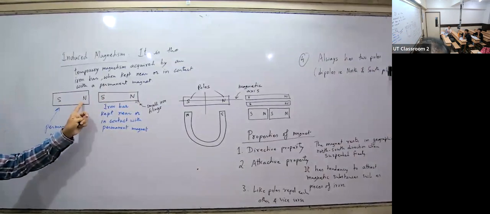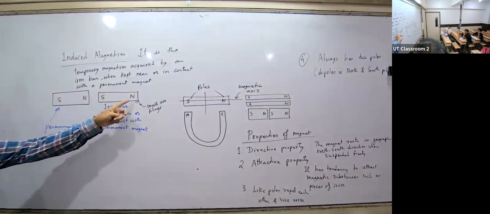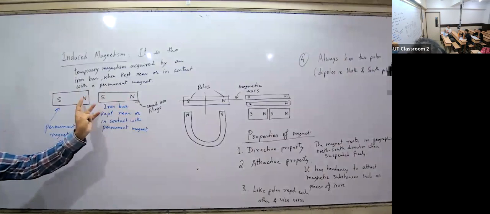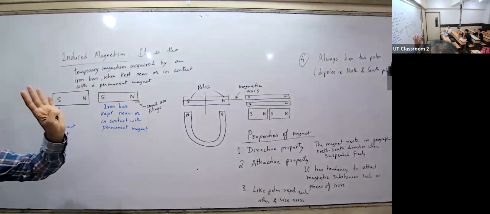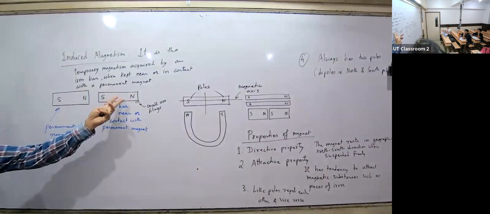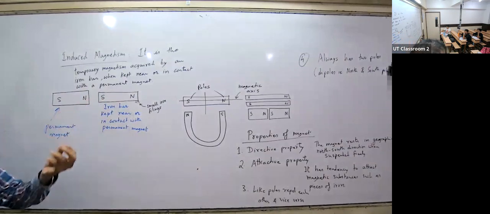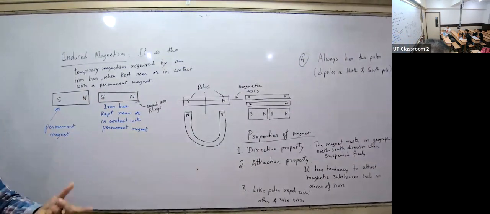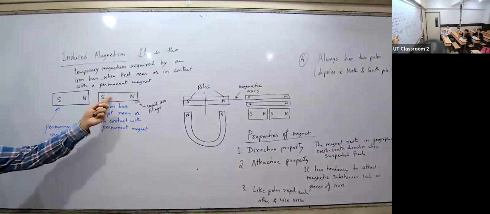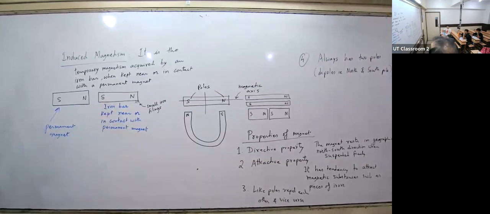Suppose north was here, then south will be developed here. And at the far end, the same pole will be developed. So this is how the poles will be induced. Now it is induced. उसमें आ गया, है ना? पैदा हो गया या प्रकट हो गया. So that is induction, right?